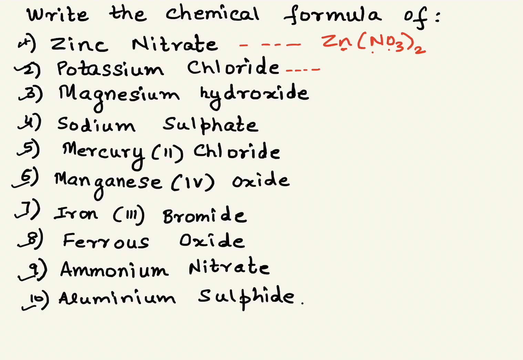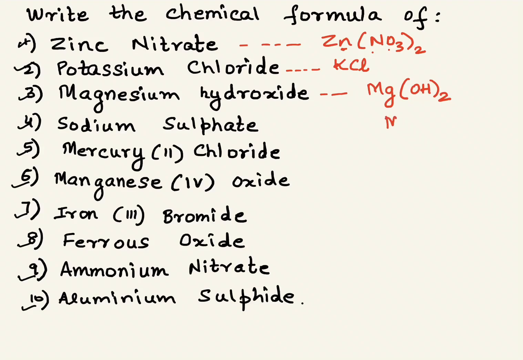So potassium chloride, this one was simple, KCl. Again, K capital, C capital, L small. Be careful of that. Next one, magnesium hydroxide, Mg(OH)2.